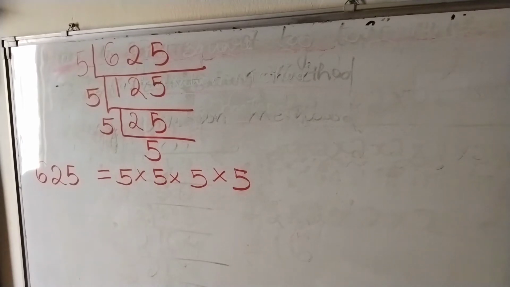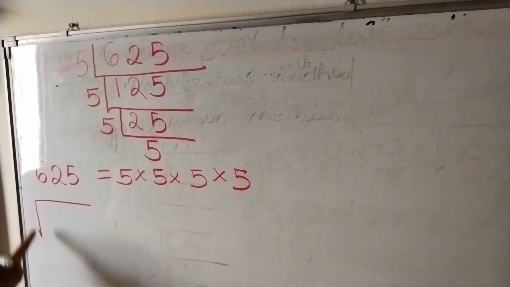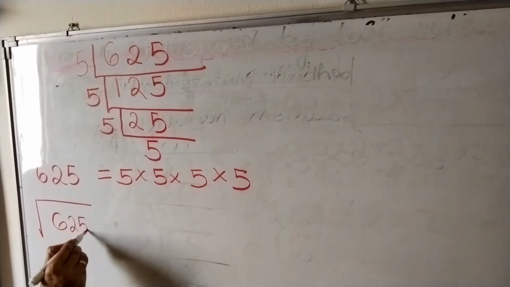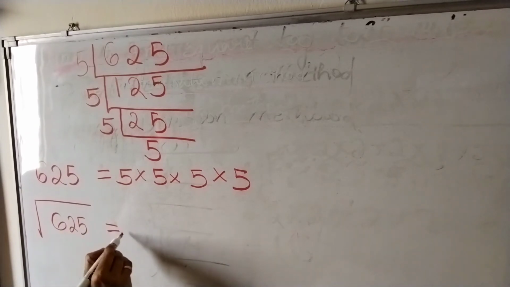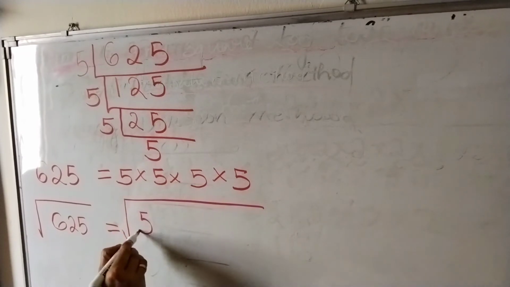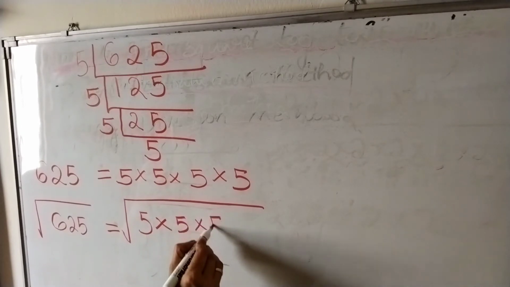So, we want to find the square root of 625. The square root is represented like this. So we can write root of 5 into 5 into 5 into 5.